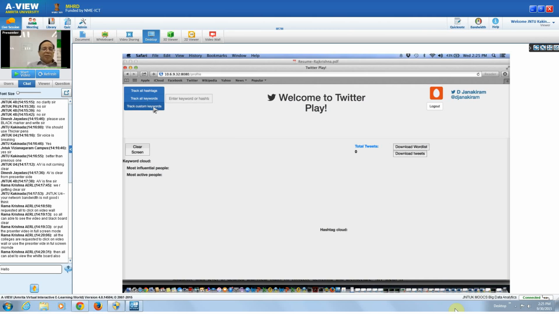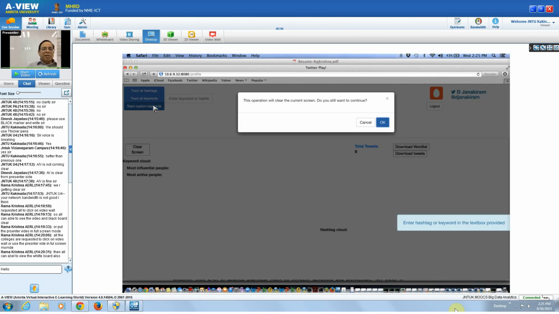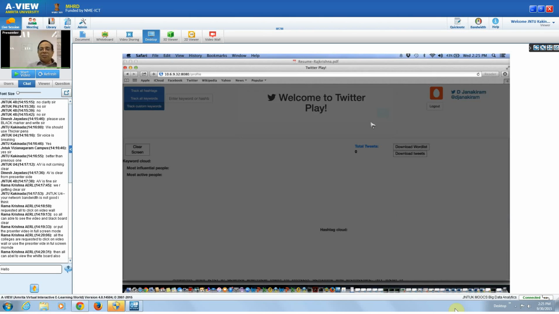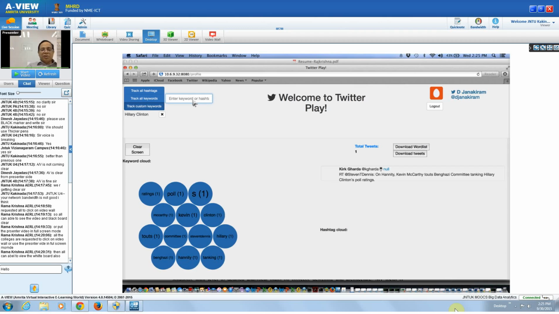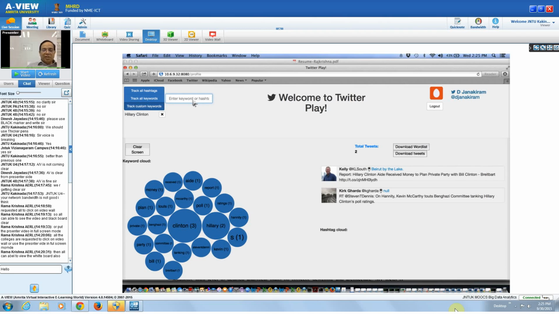Here you can track some custom keywords. For example, you can give Hillary Clinton if you want to track whatever tweets are coming with Hillary Clinton. This will give you the word cloud, all the keywords associated with Hillary Clinton.